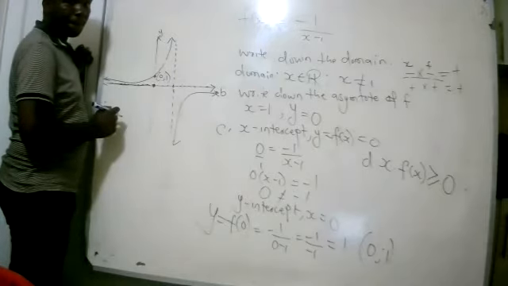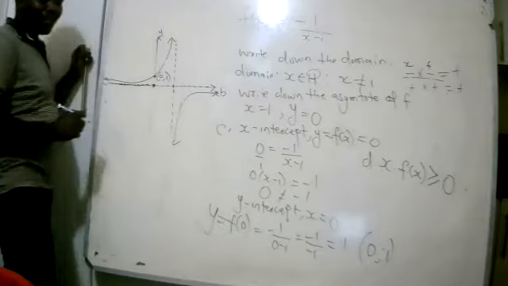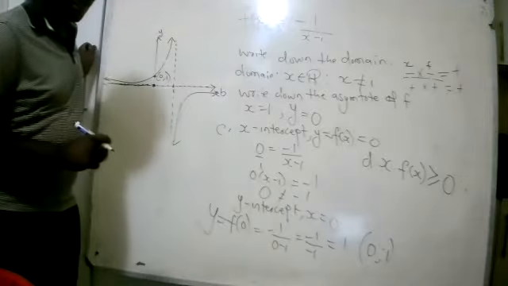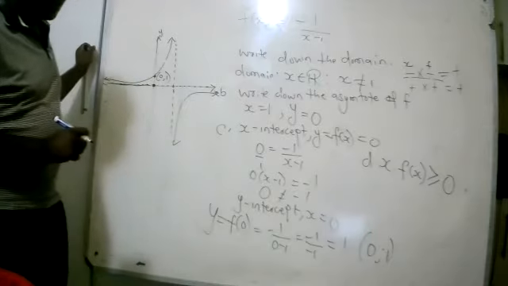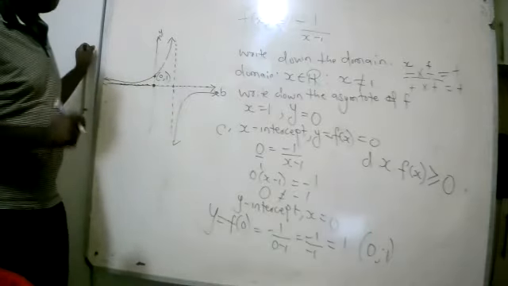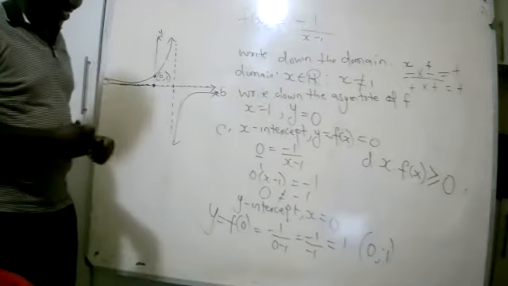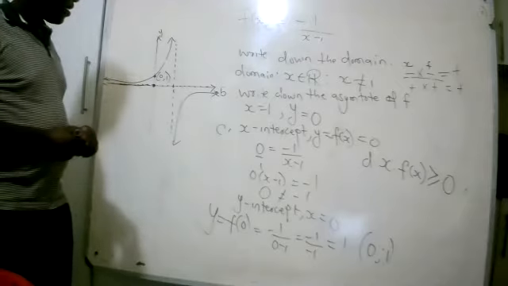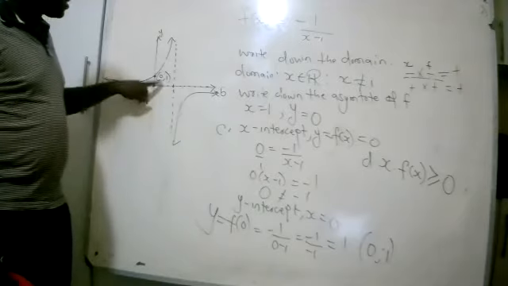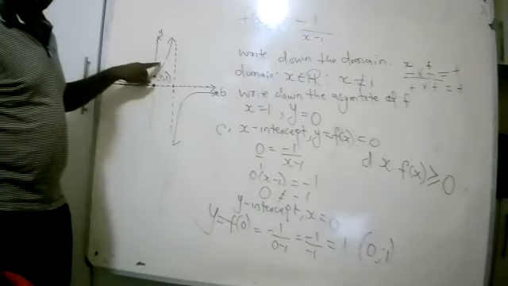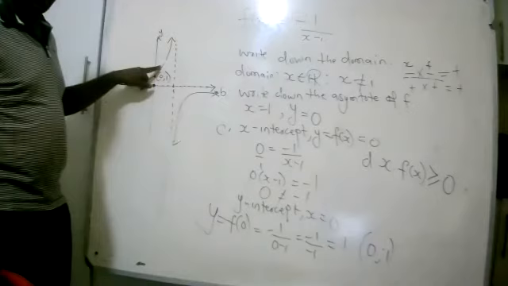Isn't it positive? Why do we say it's positive? Because it's above the x-axis. We say this graph is positive because it's above the x-axis, right?